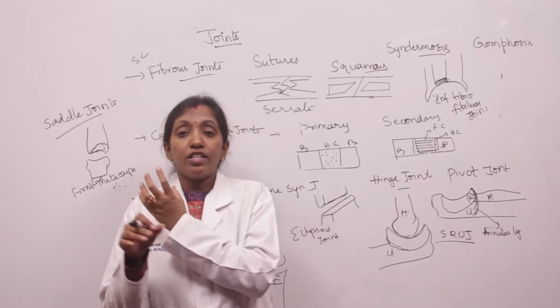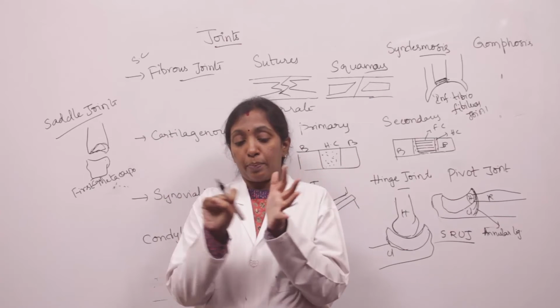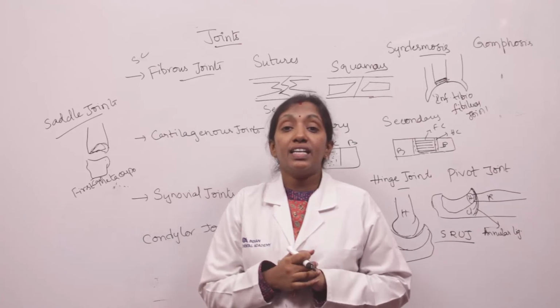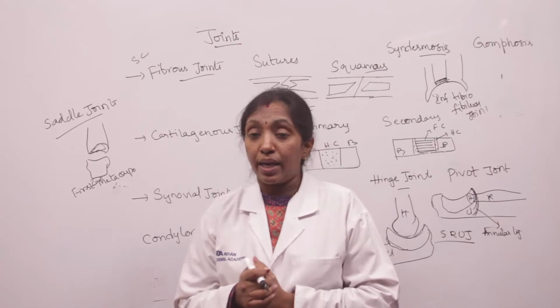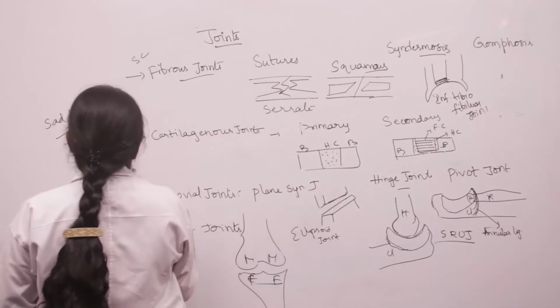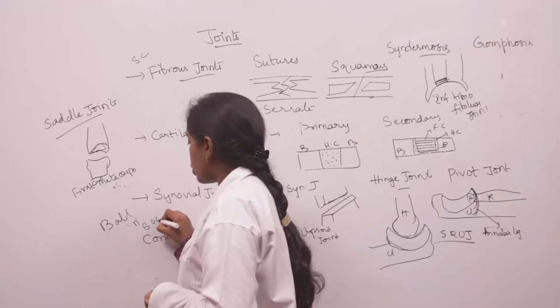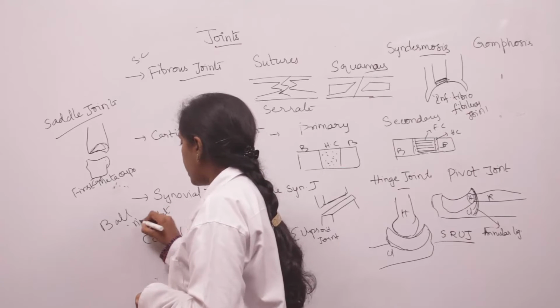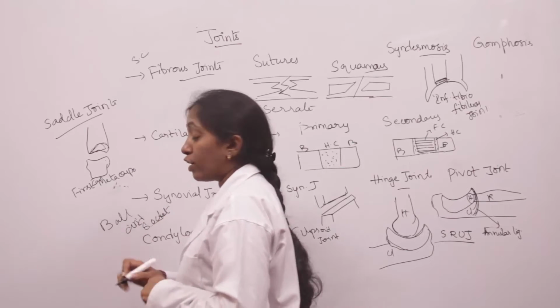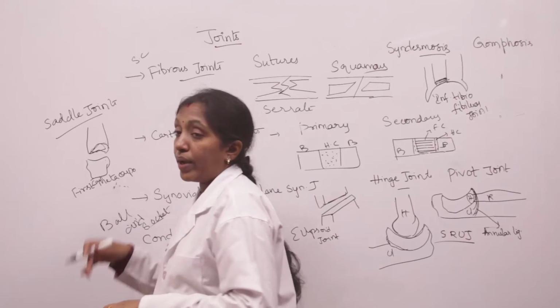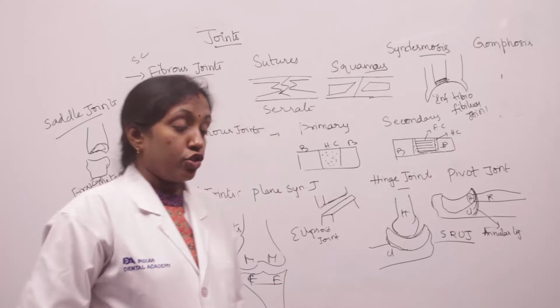The hip joint is also an example, where the joint cavity is surrounded by the acetabular labrum. Okay, this is also one example of a synovial joint. So these are the various types of synovial joints.